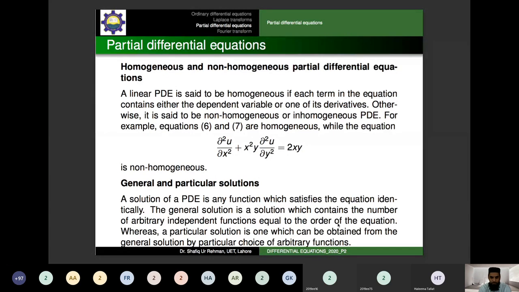If this number is equal to the order of the equation, we say that the solution is going to be a general solution. And a particular solution is the one obtained from the general solution by particular choices of arbitrary functions. Normally, we apply certain conditions to obtain those arbitrary functions in the case of partial differential equations.